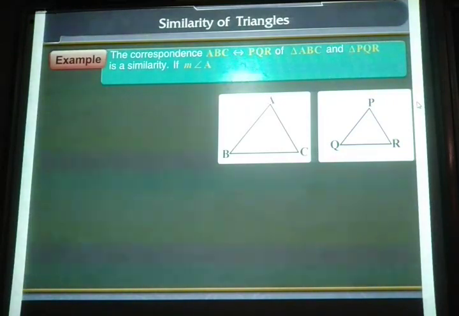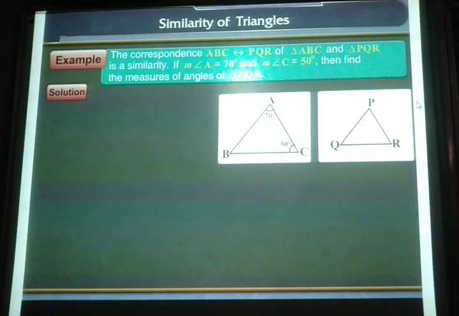If measure angle A is equal to 70 degrees and measure angle C is equal to 50 degrees, then find the measures of angles of triangle PQR. The solution is as follows. Here the correspondence between ABC and PQR is a similarity.